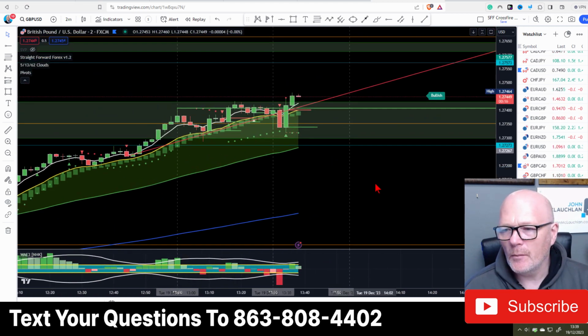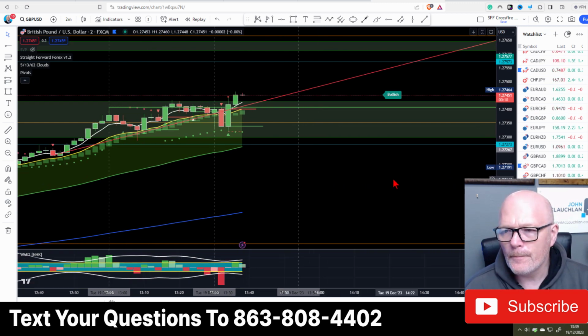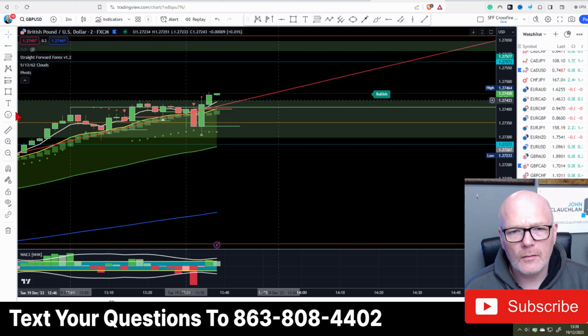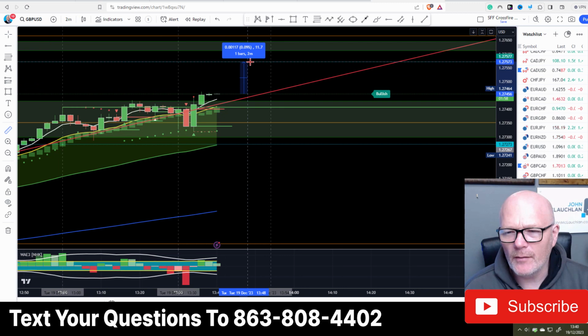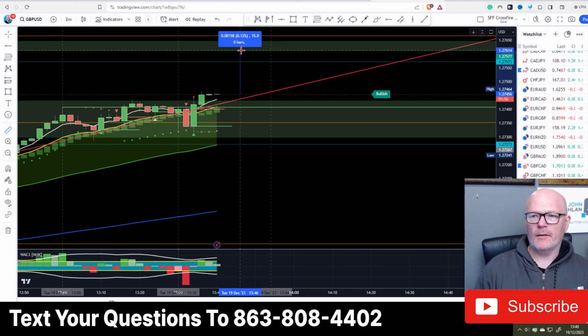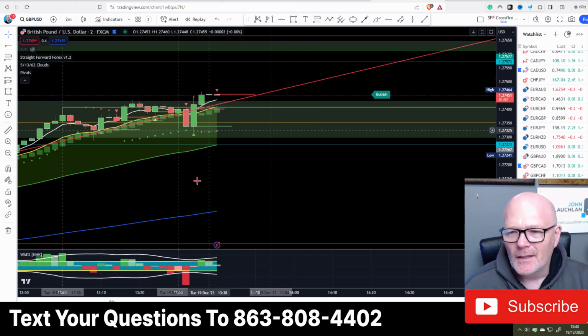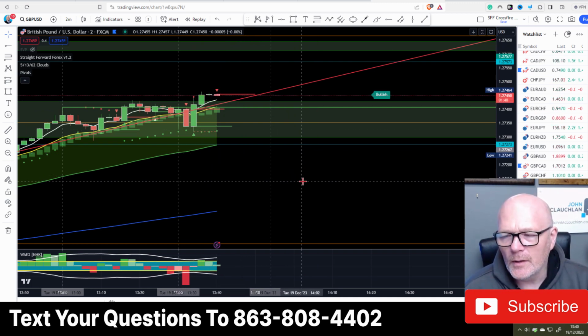And you can see how price is just, the volume has just gone out of it. However, if we were to take a trade on this, we would have somewhere in the region of 11 pips to there and 15 pips to the imbalance. But see, right now the volume's gone.